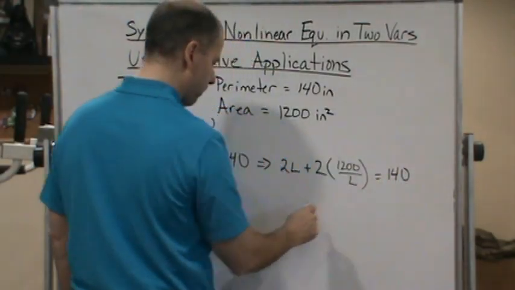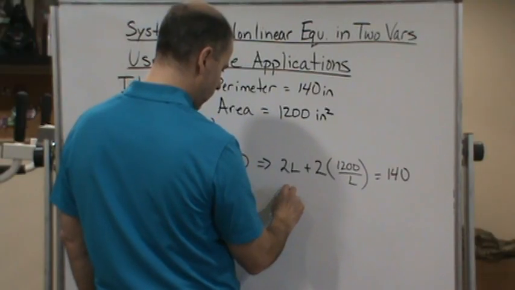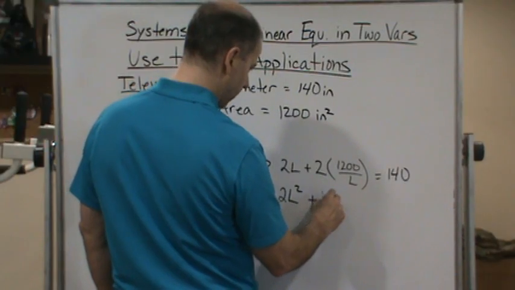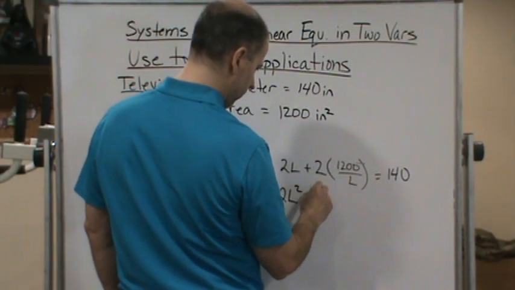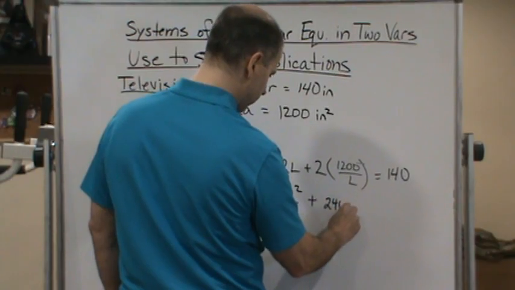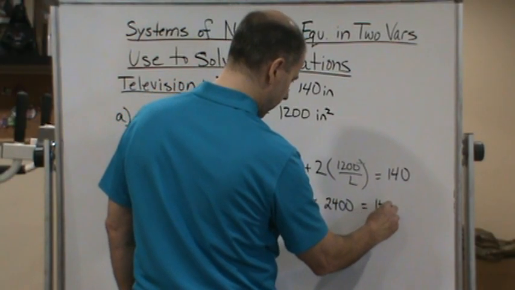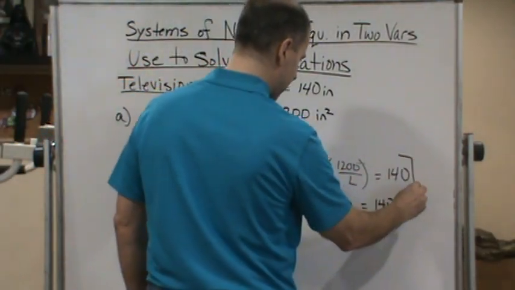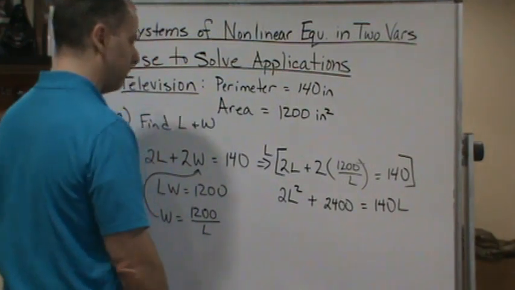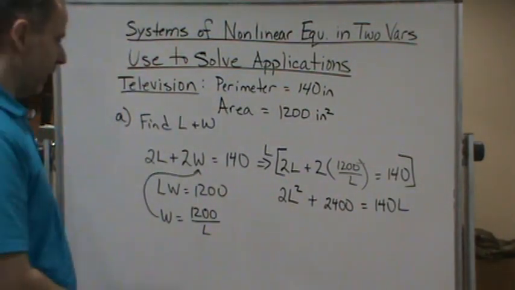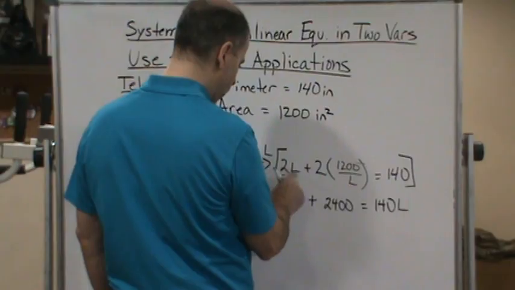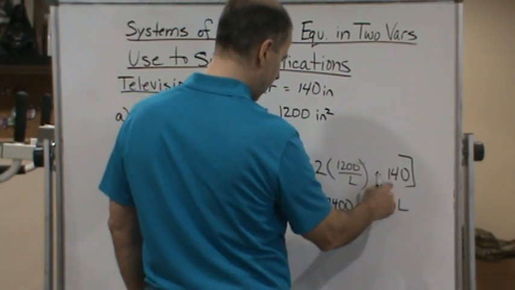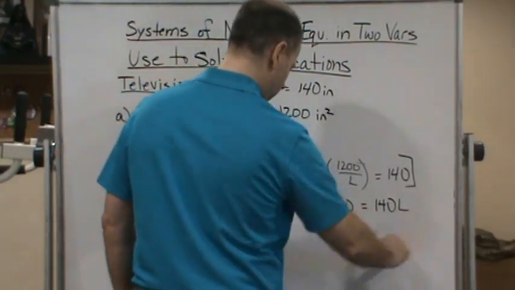So this is going to become 2L squared plus 2 times 1,200, which is 2,400, equals 140L. All I did was take the whole equation and multiply both sides by L. The L here cancels with the L on top, and then I get an L here.